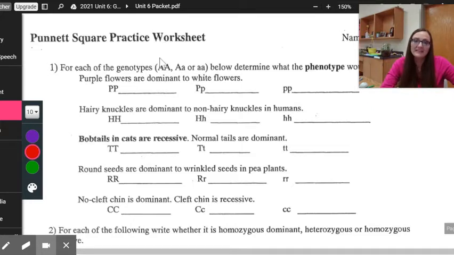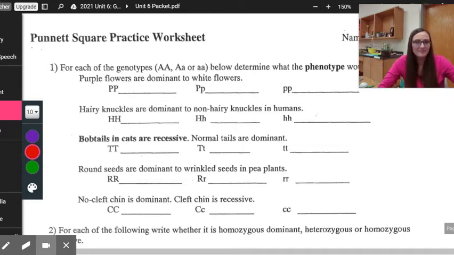In this case, one of these capital A's came from one parent and the other capital A came from a different parent. That's how that works, okay? Now, genotypes can take a lot of different forms. Sometimes they're both uppercase. Sometimes one is uppercase and one is lowercase. And sometimes they're both lowercase. It just depends what genes your parents have and which ones you've inherited, okay?